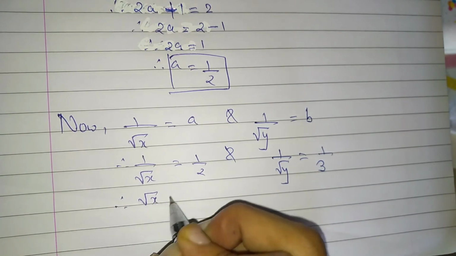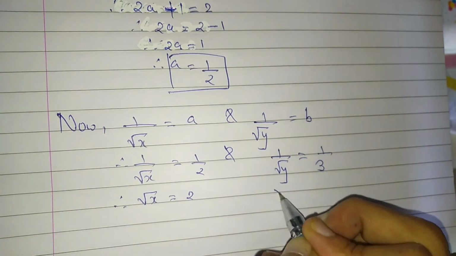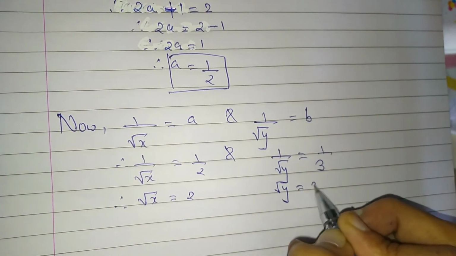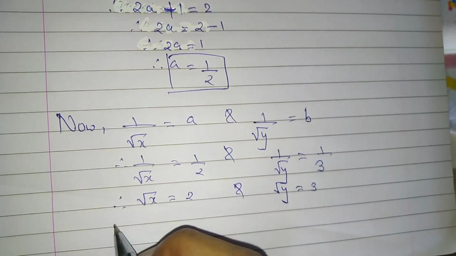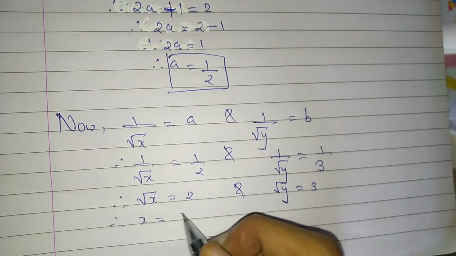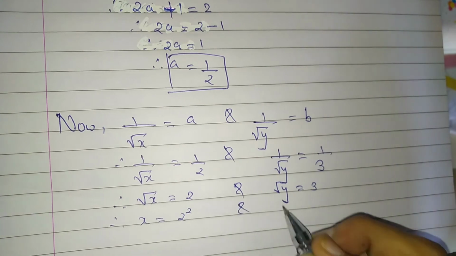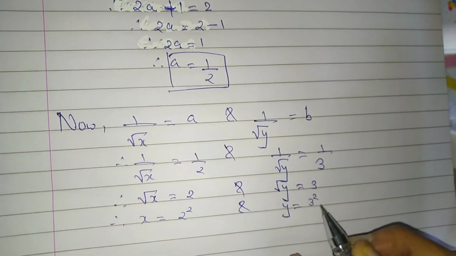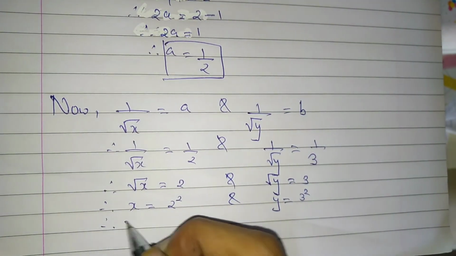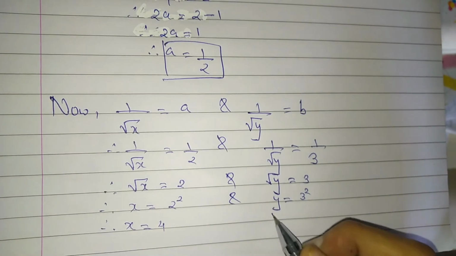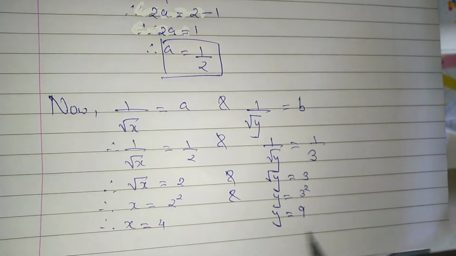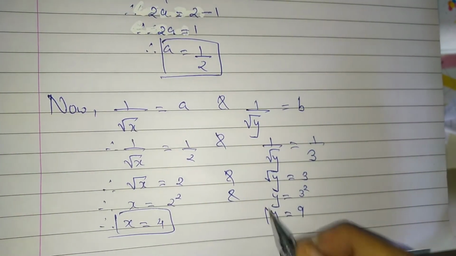Therefore root x equal to 2 and root y equal to 3. Therefore x equal to 2 square and y equal to 3 square. Therefore x equal to 4 and y equal to 9 is the answer.